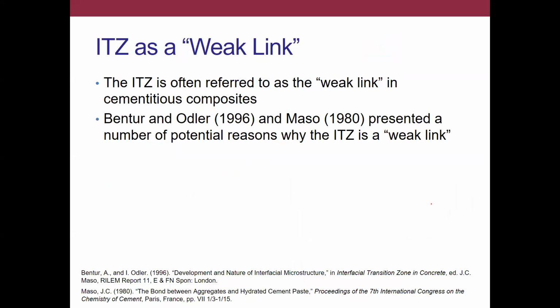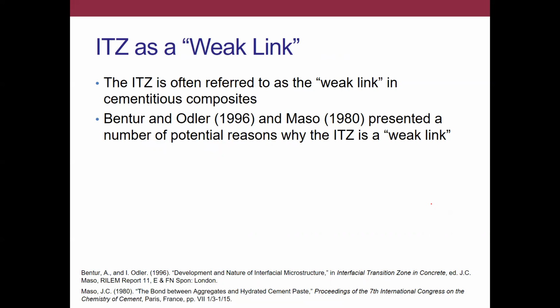So because of this, the ITZ is often regarded as the weak link of the concrete, right? This is the weakest part of the concrete. Your concrete's only as strong as your weakest component.